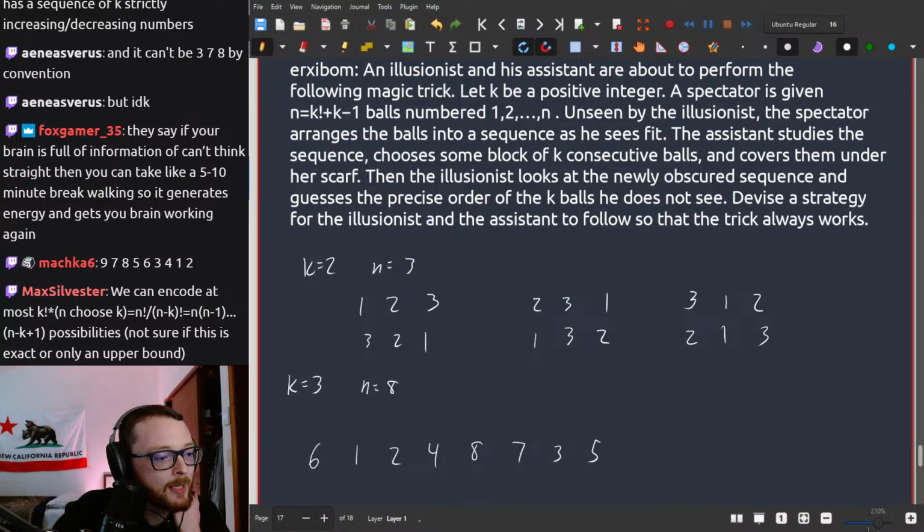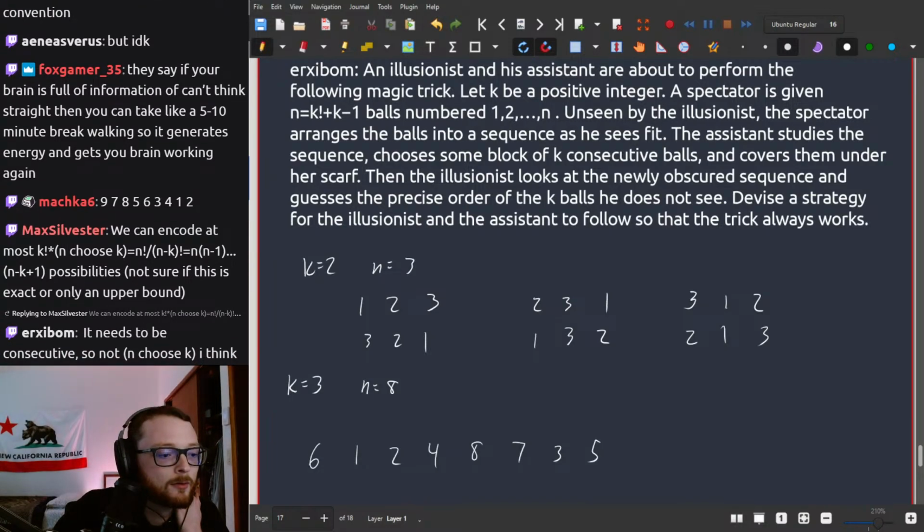We can encode at most k factorial times n choose k. I'm not sure if this is exact or only an upper bound. Yeah. I was wondering that too with the consecutive. I think for consecutive you multiply by n minus k?